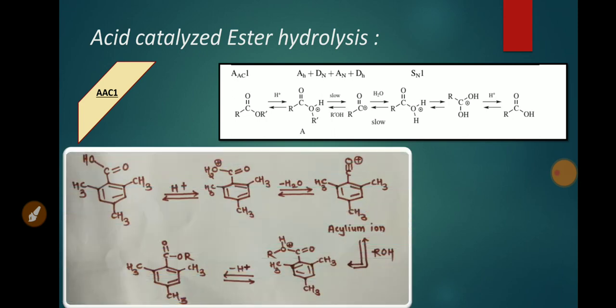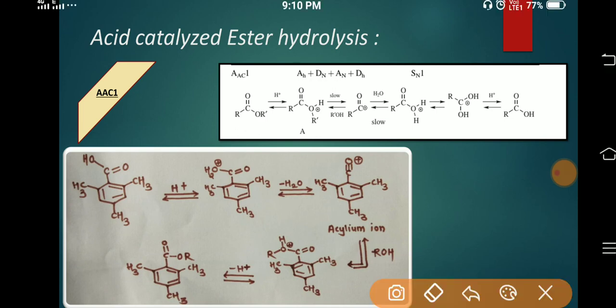Okay. Now, an example for this type of reaction is 2,4,6 trimethyl benzoic acid. Its esterification can be carried out.